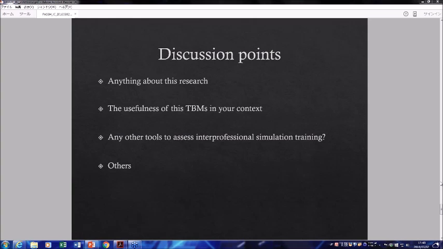So for me, it's difficult to really apply this approach in my own setting. My question is, do you see you could apply this when you do any interprofessional team training or even existing interprofessional teamwork? Do you see yourself using such an approach?